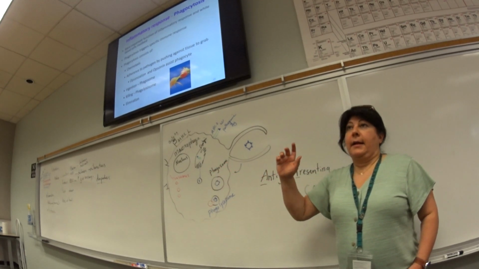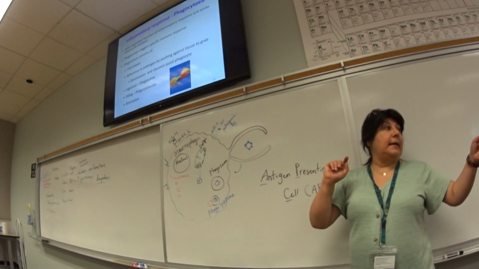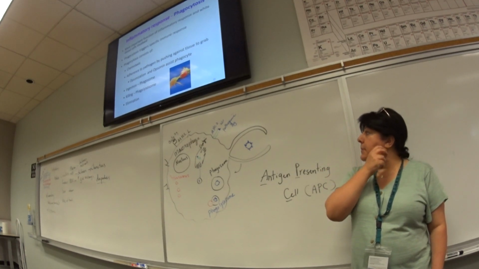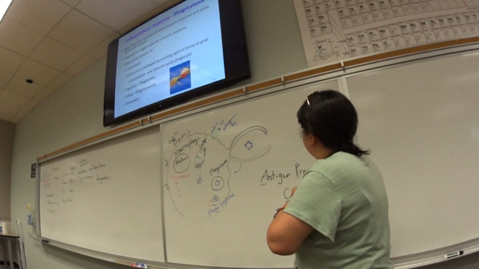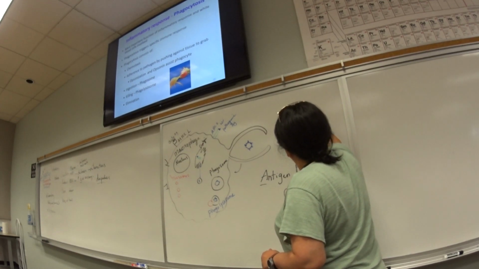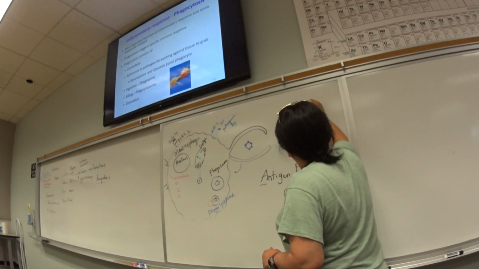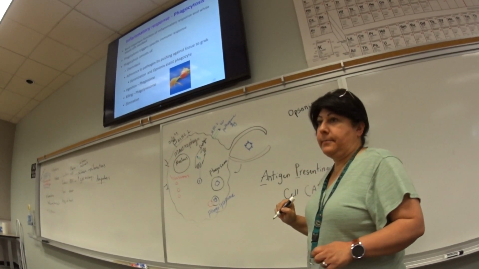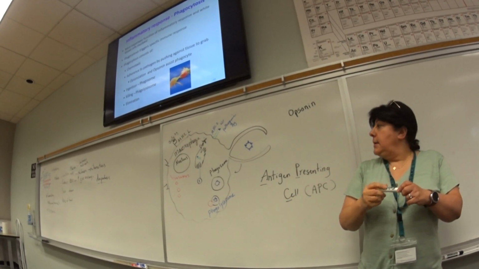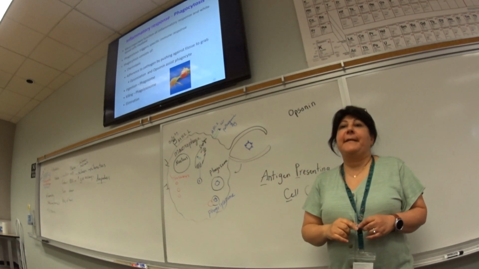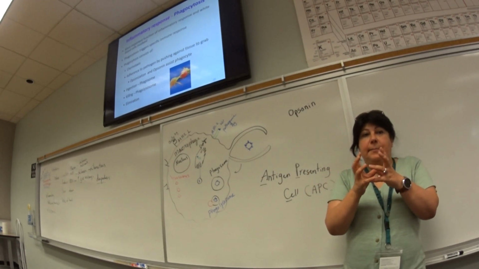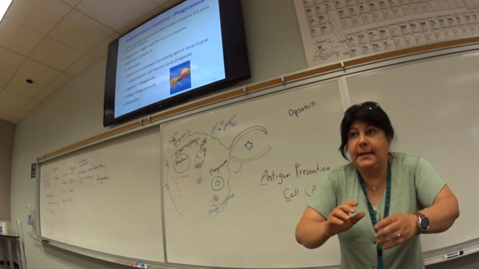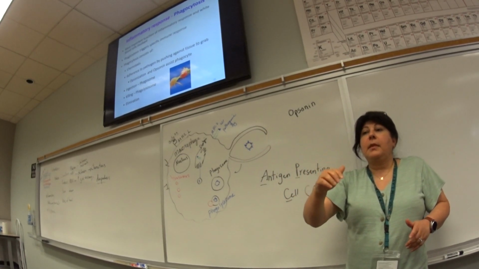Something else that I want to mention here that the animation actually talks about is a term called an opsonin. Opsonin or opsonization. Sometimes the process of phagocytosis is hard. The pathogen is slippery. It tries to push it in, it slips by.